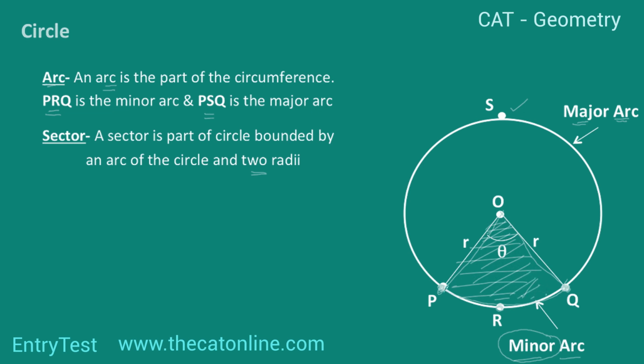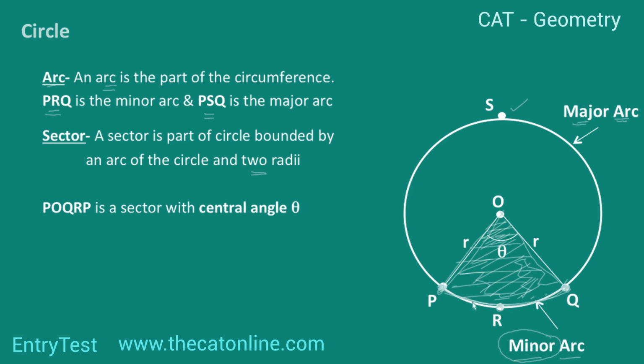So it's a part of the circle which is bounded by the arc on one side and the radius on the other 2 sides. It's just like a pizza slice. So what you have complete is a pizza, and the sector is a slice of the pizza. Arc will be the boundary of the pizza that you will have.